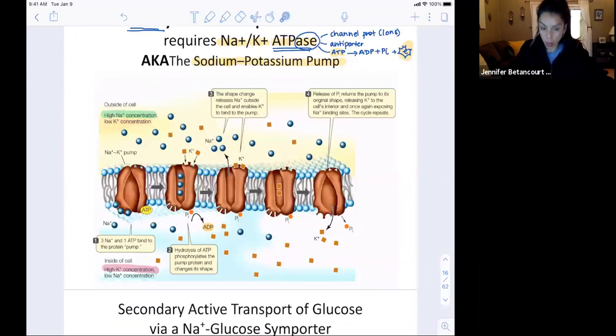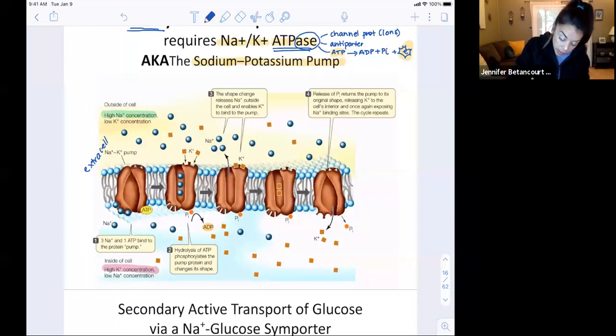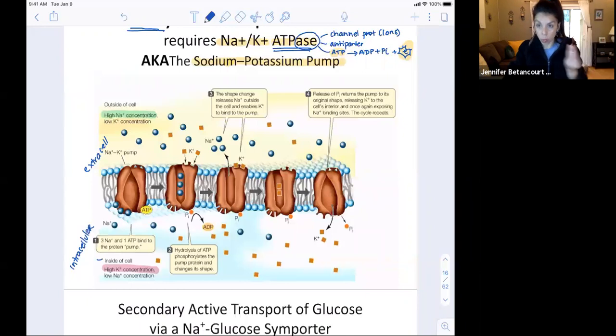So how does this pump work? So here's the pump, and a couple other pieces of terminology that you should use: this is extracellular, the outside of the cell, and the inside of the cell we call intracellular. Those phrases are the way that you formally communicate the science. And so what happens here is the cell senses that it needs to transport glucose.